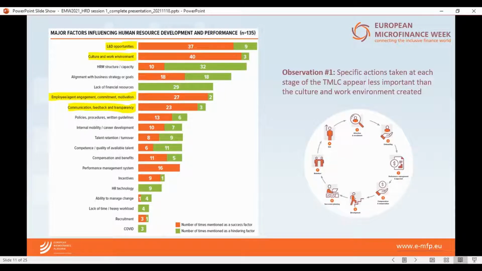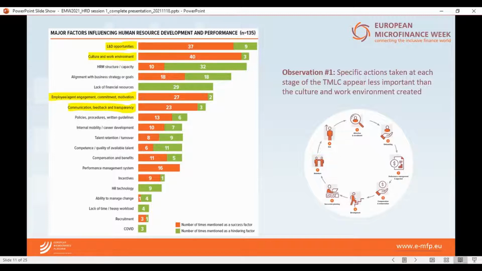If you look down the list of factors, you'll see recruitment practices near the bottom with only 3 mentions. Onboarding and succession planning weren't mentioned at all. Retention is mentioned just 8 times. And even if you put compensation, benefits, and incentives all together in the same category, that category only gets 20 mentions.